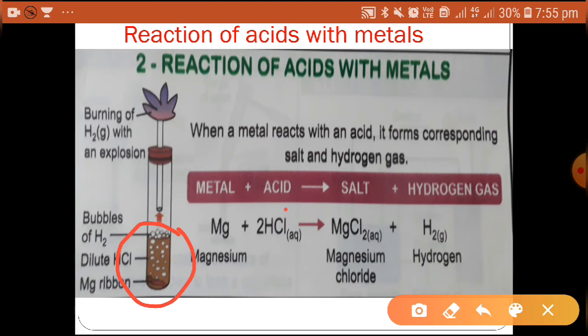These are the two reactants, magnesium plus dilute hydrochloric acid, which we have taken in the test tube. Then we close the test tube with the rubber cork and attach a hollow gas tube at the top, so that whatever gas is released can be taken out easily.